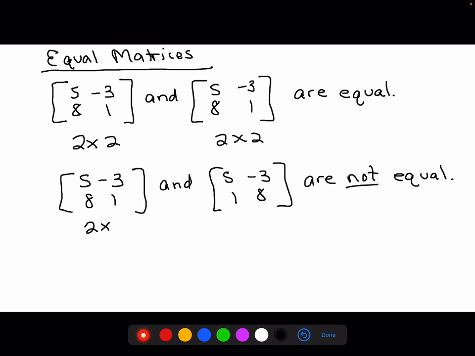Because even though they're both 2 by 2, and even though they both have the same elements, notice that in A sub 2,1, you have an 8 in one matrix and a 1 in the other. And notice that in A sub 2,2, you have a 1 in the first matrix and an 8 in the other. So in those positions, you do not have identical elements in those corresponding positions. So those two are not equal.